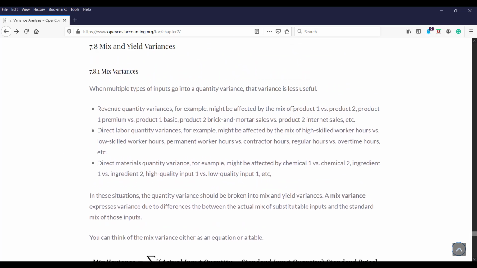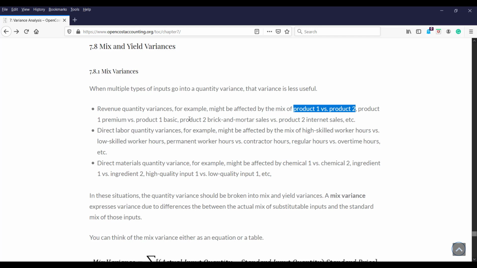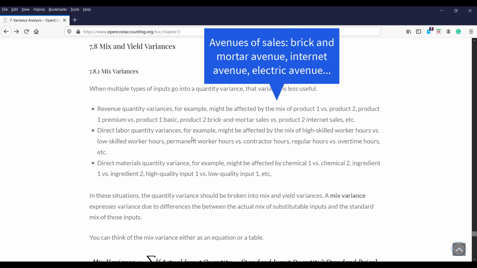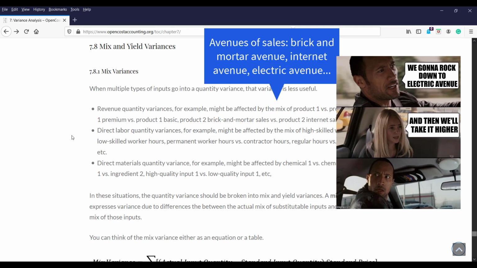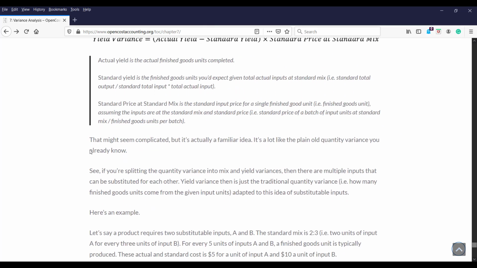So a batch, you have how many do we expect in the batch of product 1 versus product 2, or different avenues. We often are looking at these in batches because we're using, say, 2 to 1, 4 to 5 as our mix, right?